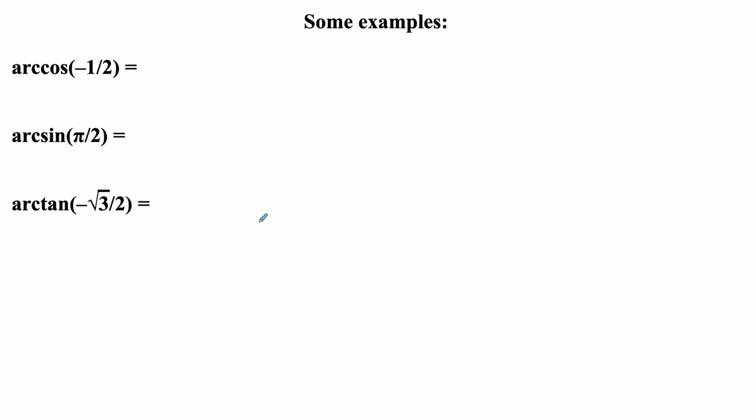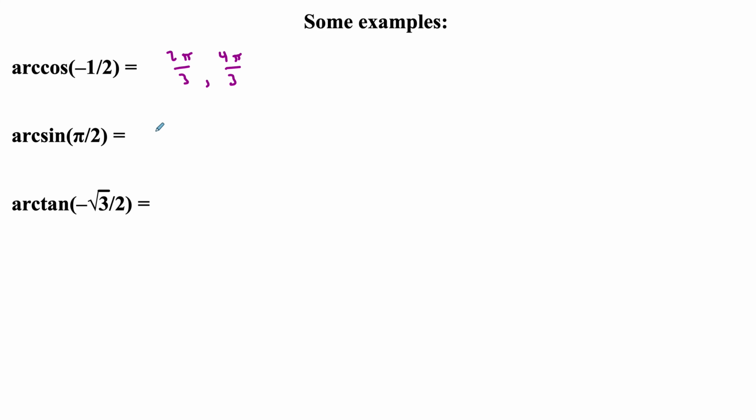So let's take a look at some examples. The arc cosine of -1/2. Now, the arc cosine means that you're looking for this x value, the angle associated. So when you're looking at arc cosine, there are actually two values where the x is negative, and that would be at either 2 pi/3 or 4 pi/3.